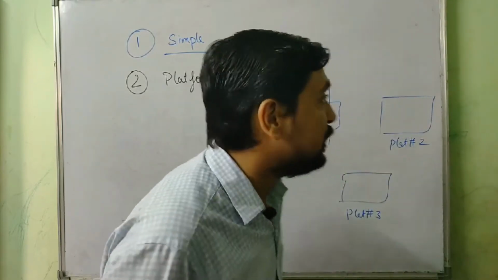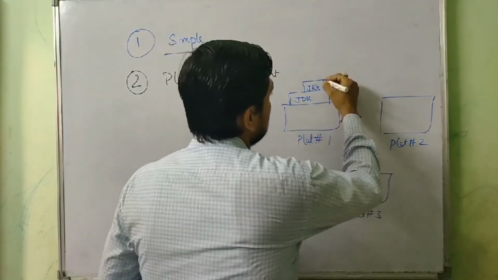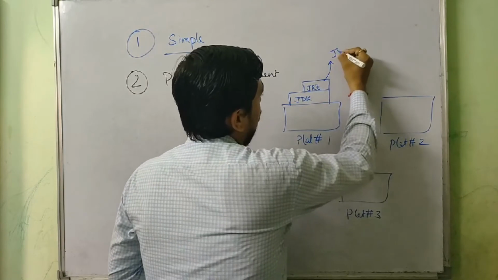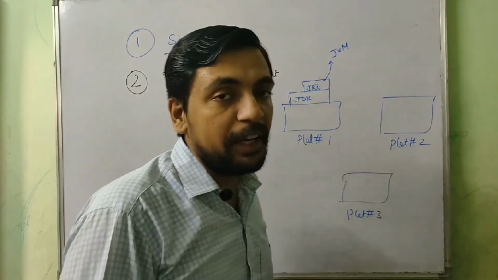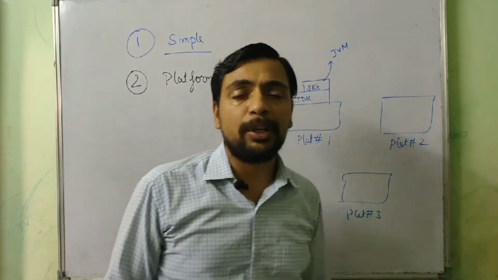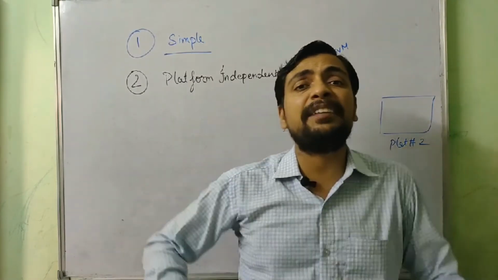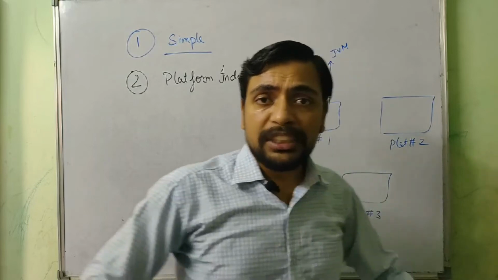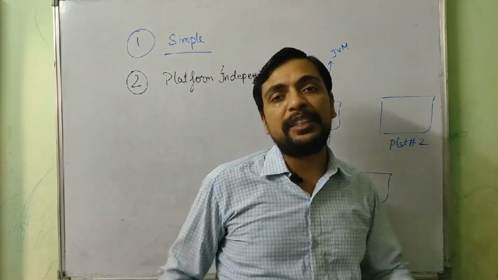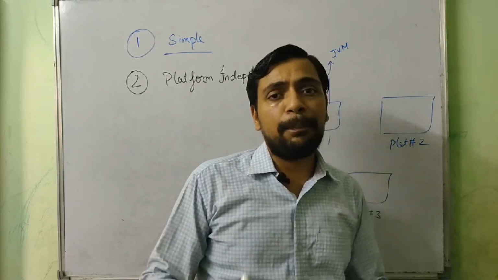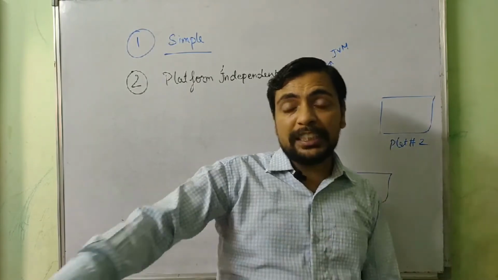Fine. Now JRE has a small virtual machine, not a real machine. It's actually a software, but it is known as a virtual machine because it behaves like a platform. So JRE has a virtual machine, a small software which acts as a platform for all the Java programs.